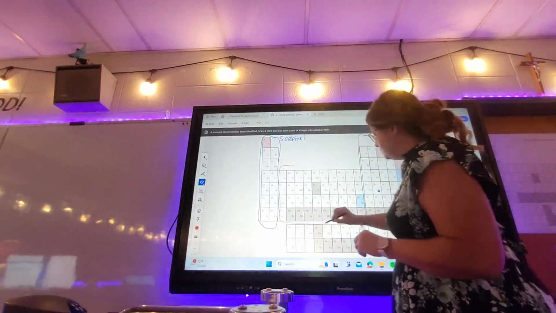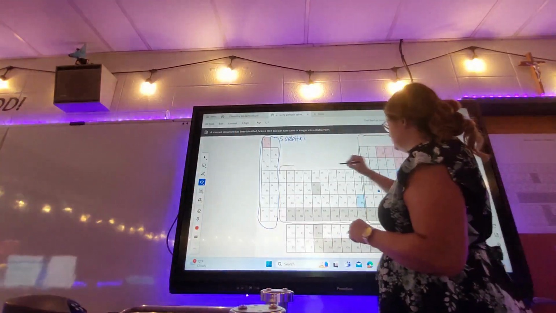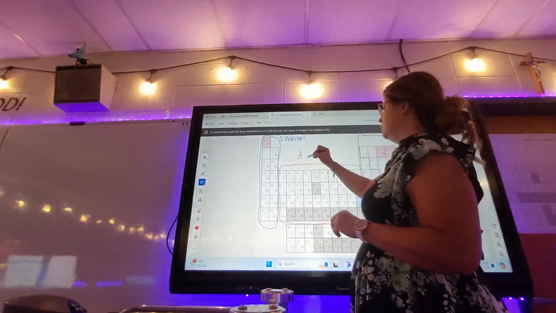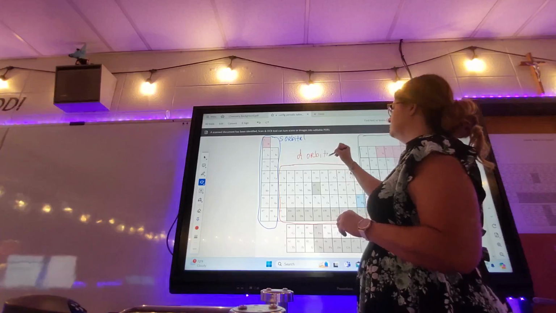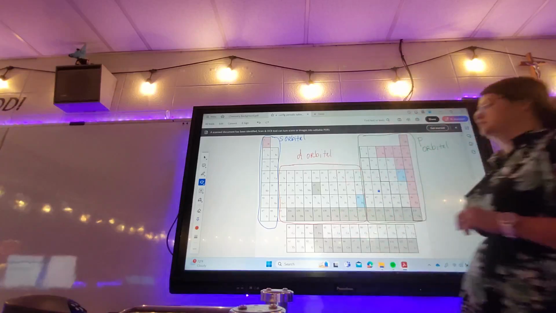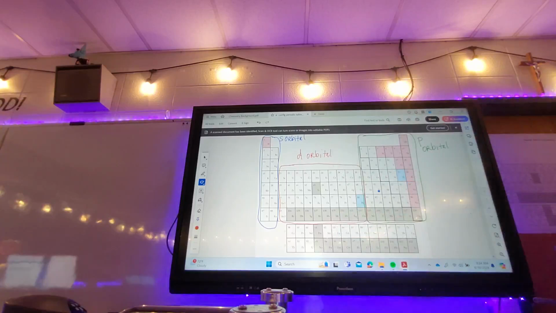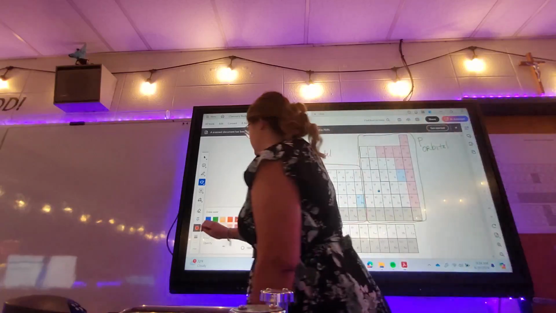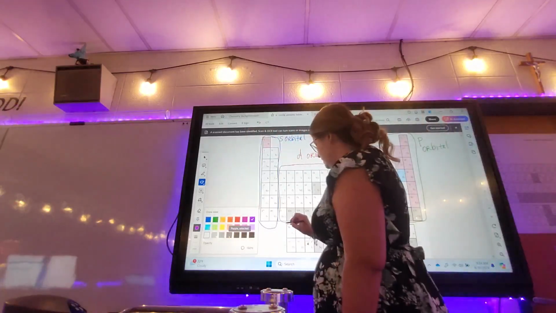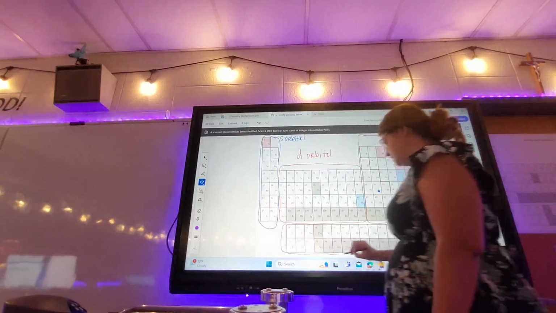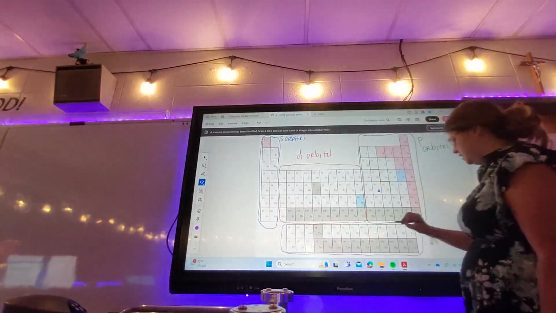The transition metals in the middle, that's the d orbital or the d block. The d orbital can hold 10 electrons. And then the f orbital is the rest of the periodic table that we haven't even talked about yet.